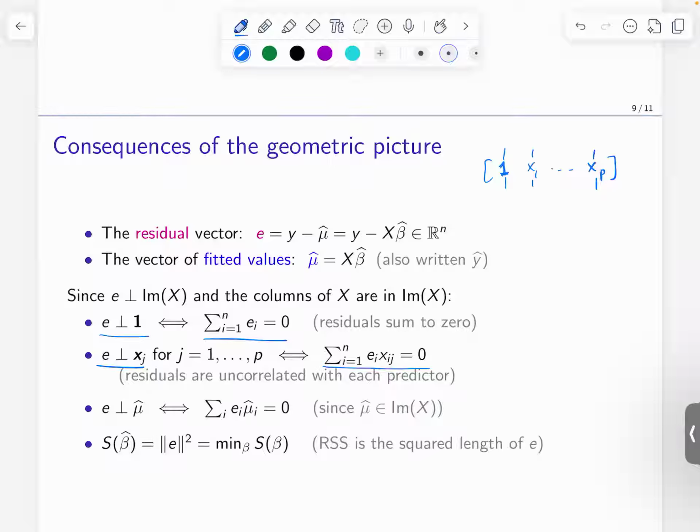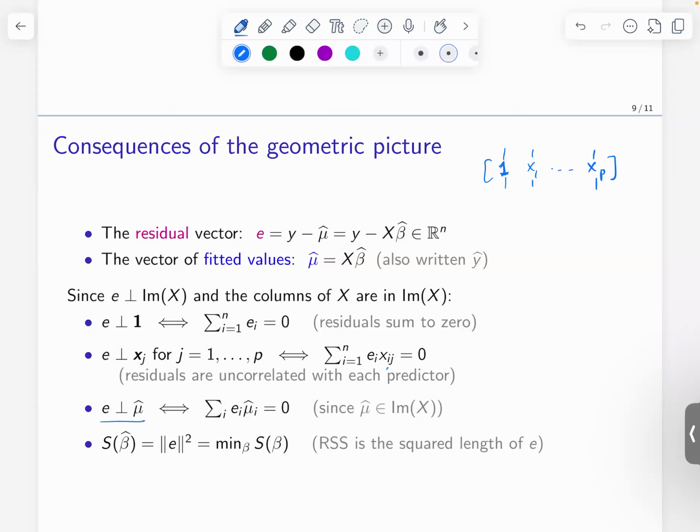The residuals are kind of empirically zero mean, but these are deterministic facts, not random facts. Let's say they sum to 0 and in this sense are deterministically uncorrelated, not stochastically.